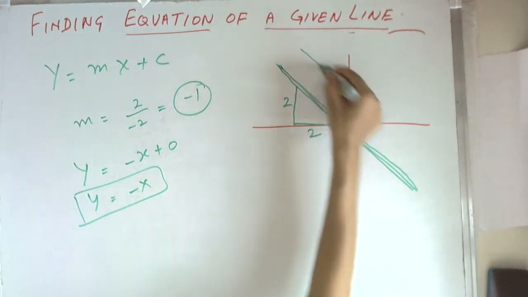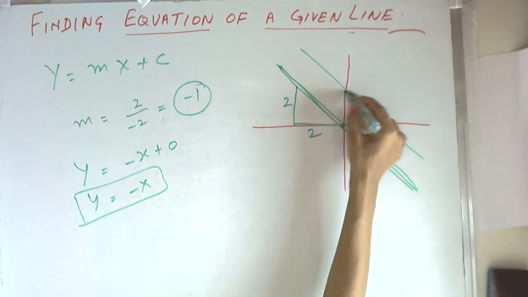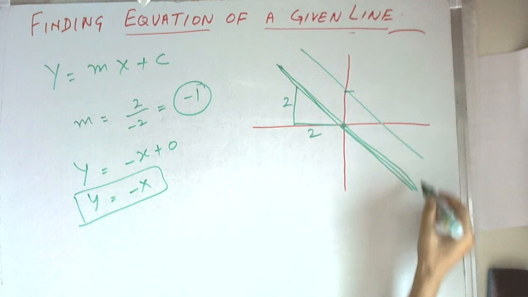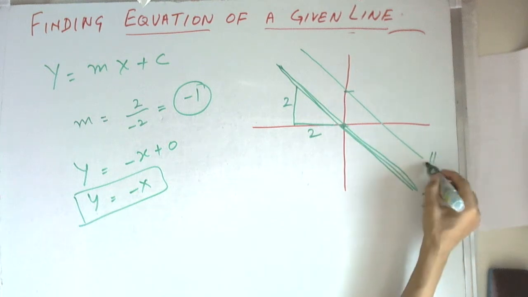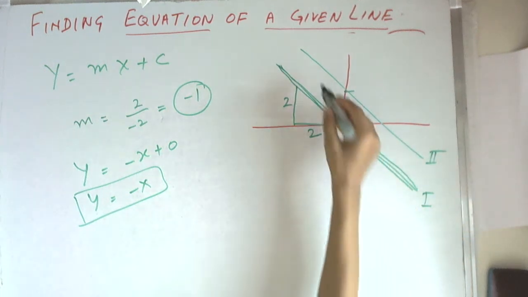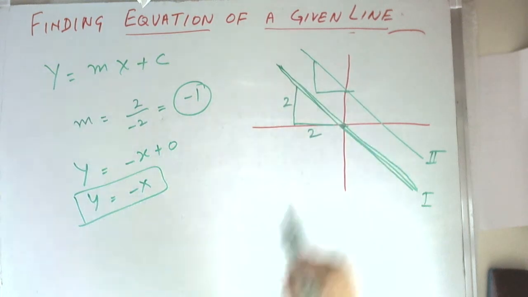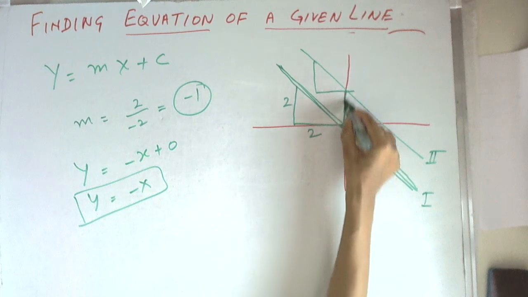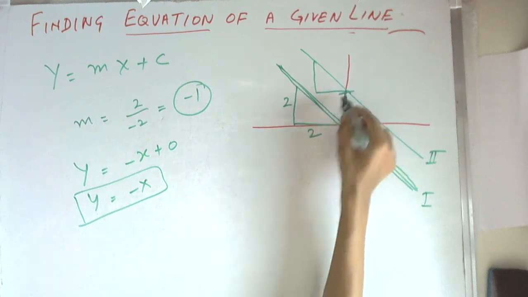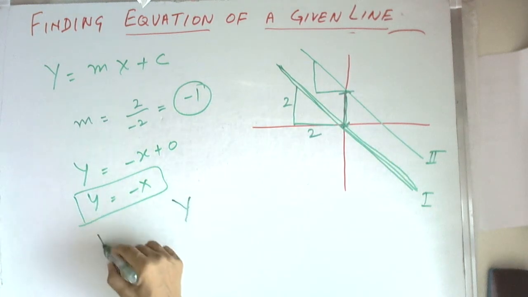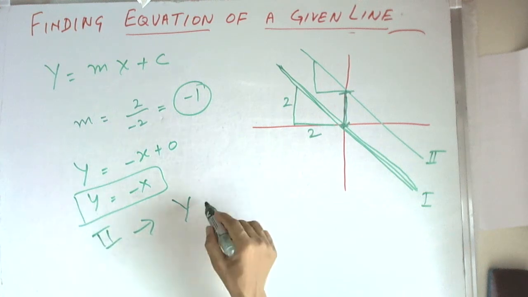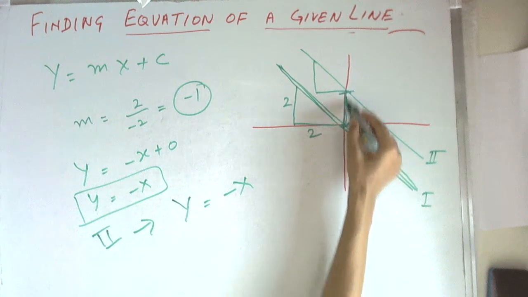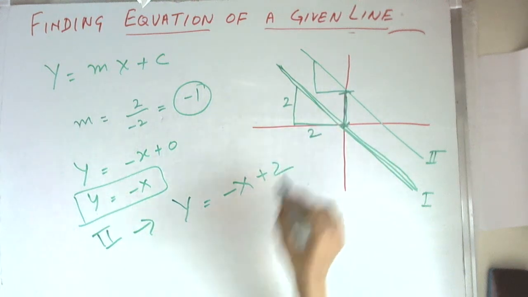Then if there is an equation which is like this, which is passing at 2 units, so this is equation number 1, this is equation number 2. Again, this ratio will be same, so m will be same, but c will be different. C will be this much. So for equation number 2, it will become y equal to minus x, and because this is plus 2, it will become plus 2.